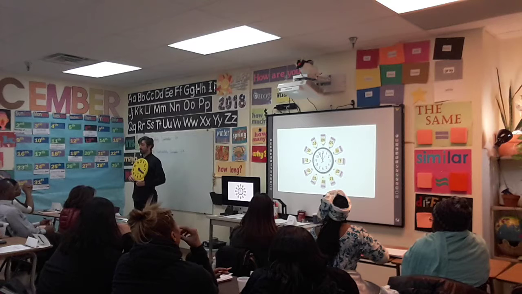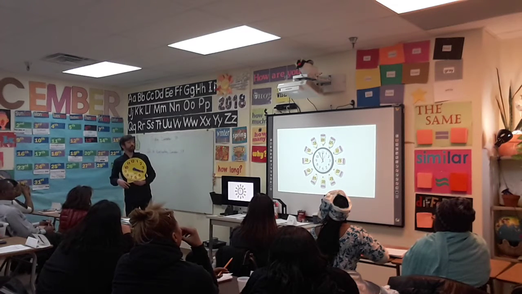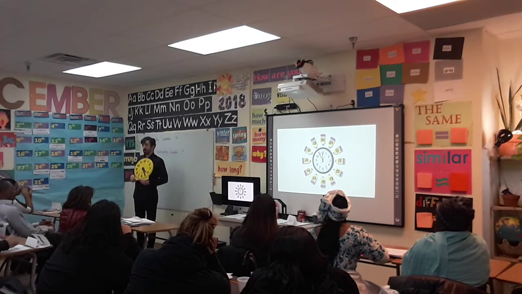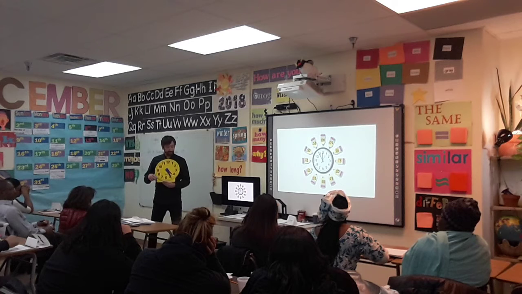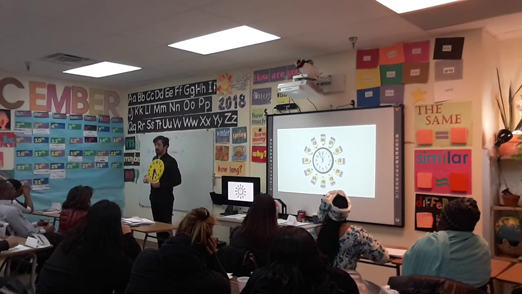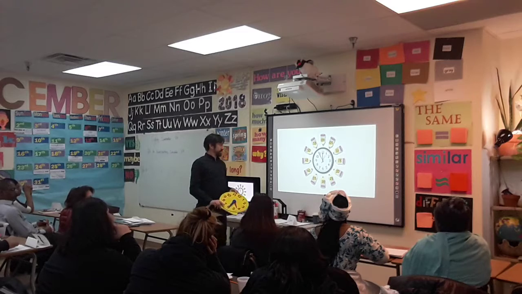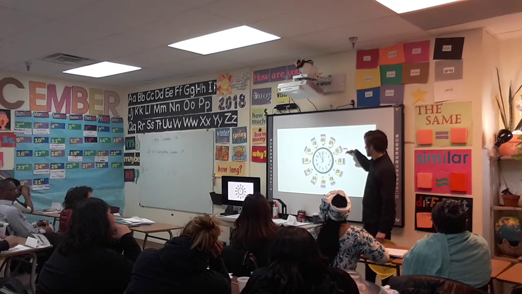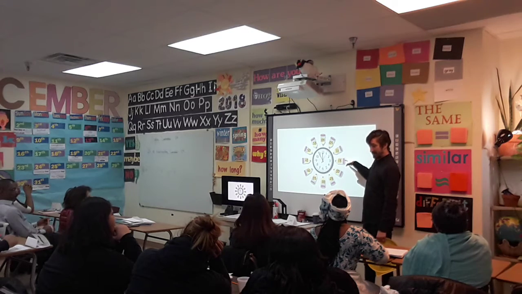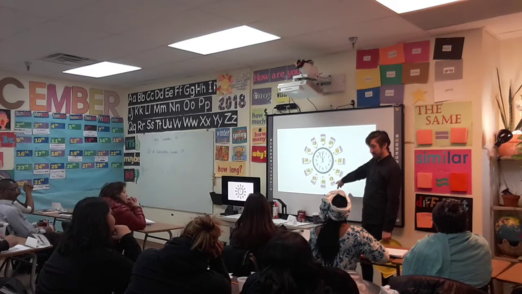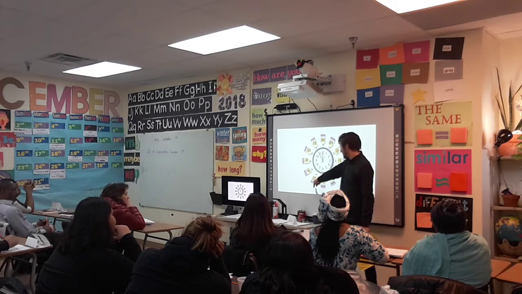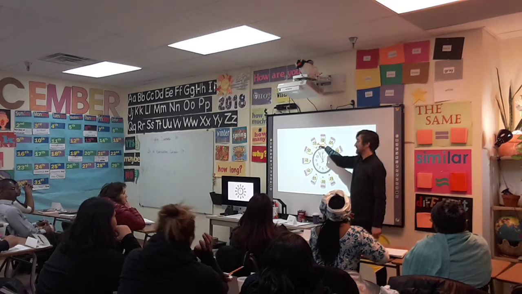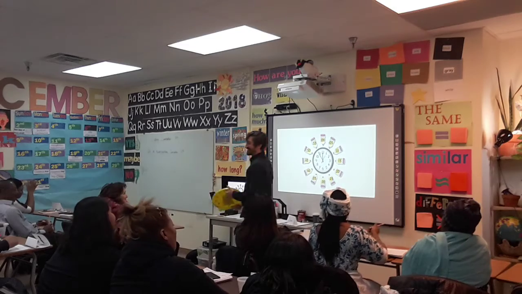Here, 4:20. Here, 4:25. And here, 4:30. So on the clock, the big hand is 5, 10, 15, 20, 25, 40, 45, 50, 55.